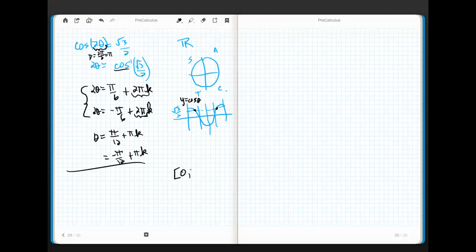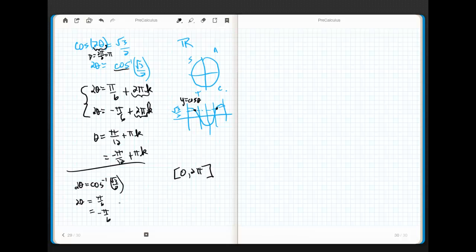What if I want to go from 0 to 2 pi? Let's think about that. Okay? So I'm in exactly the same situation here, right? So I know that 2 theta is going to equal the inverse cosine of root 3 over 2. Okay? So 2 theta is going to equal, now I'm going to get a little cheesy here, pi 6 and negative pi 6.